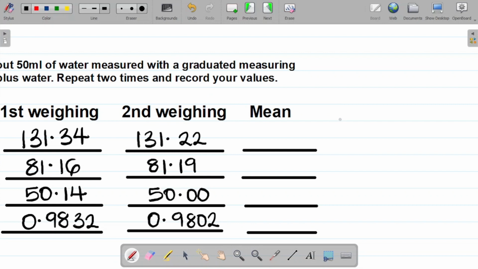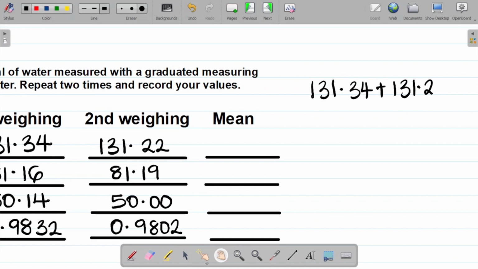So for the first one, I have 131.34 plus 131.22, divided by 2.